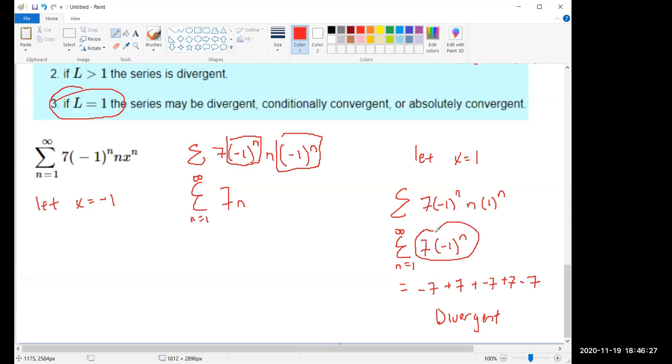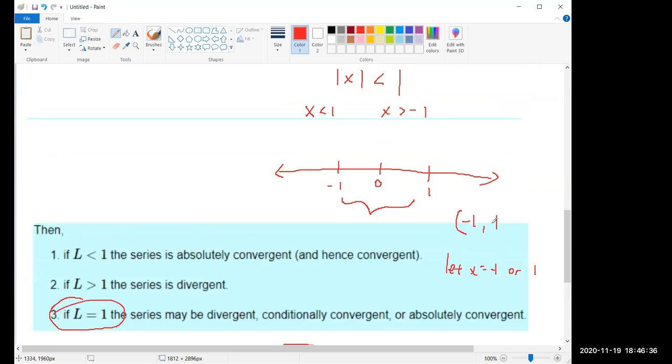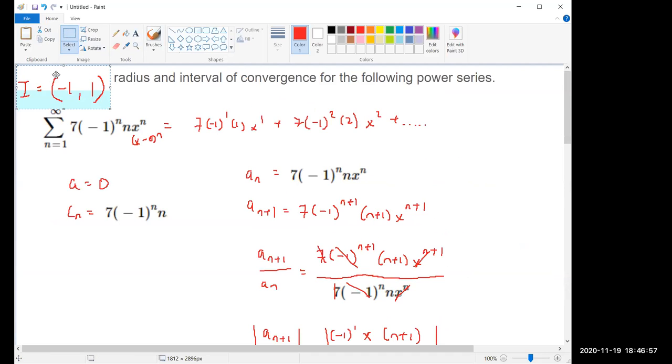So therefore, it's divergent by the divergence test. It seems a bit misleading because it seems like the sum might be 0, but you can't really do it like that. So this is divergent. All right, so we found out that the endpoints are both divergent, so this is also a parentheses. So here is your interval of convergence, letter I. The interval of convergence for this power series is -1 to +1, not inclusive.